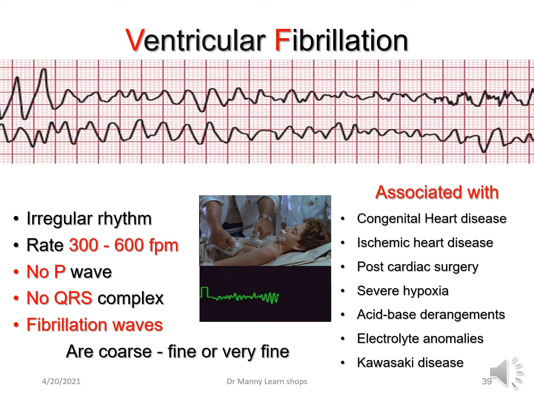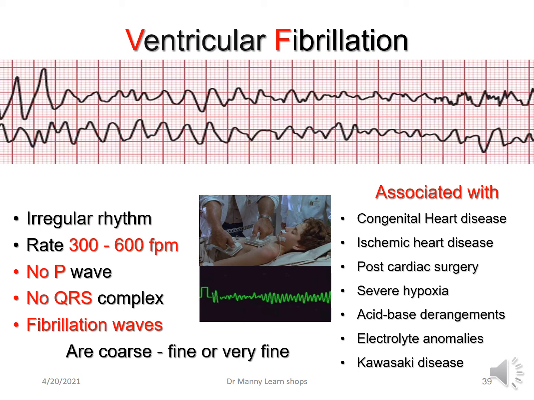In ventricular fibrillation, this is an irregular rhythm, and the rate, if you dare to measure it, which nobody really does, can be anything from 300 to 600 fibrillations per minute. There's no visible P wave, no QRS complex. There are fibrillatory waves, and these can be coarse, they can be fine, they can be very fine.